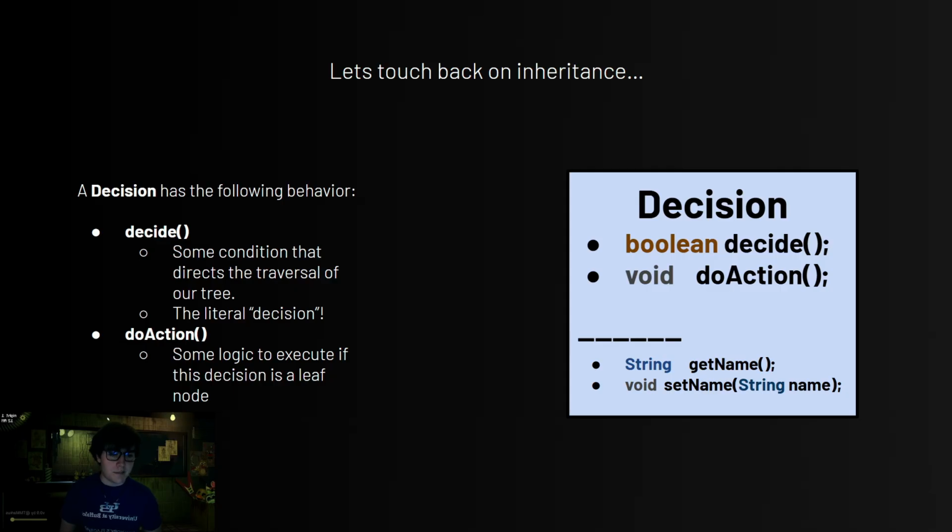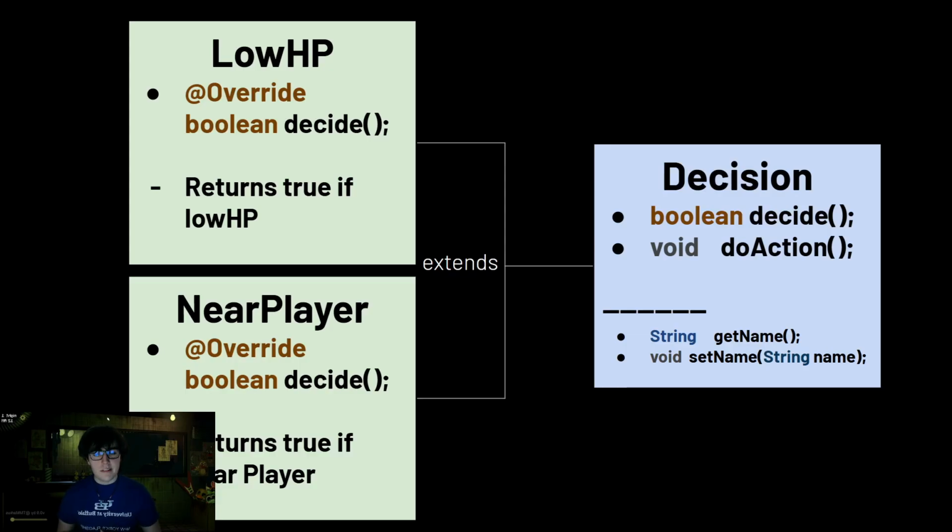Also, a decision has some simple stuff. It's going to have some instance variable, maybe a string for its name, and we have some basic getters and setters. But the things that we really care about for decisions are its decide method and its do action method. And what I'm going to describe is that only one of those really matters at a time. So we're going to take a look at this example here.